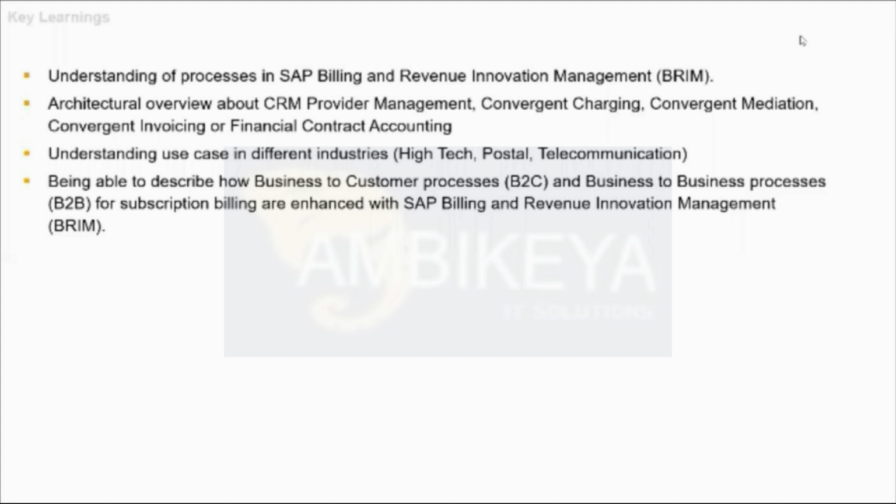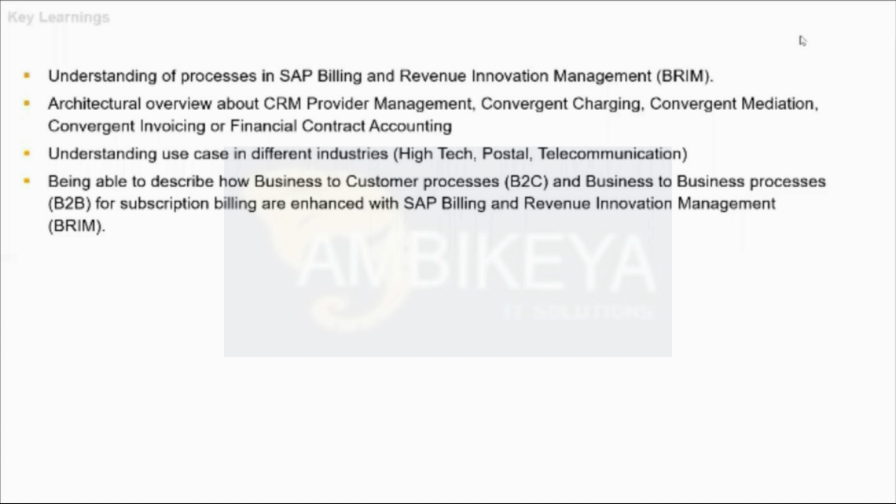So in the training I try to use examples that are complex enough that it's absolutely necessary to use BRIM. Of course, there are simpler processes like a fitness studio where you have only a very simple price model, and there it could be more reasonable to use cloud products.